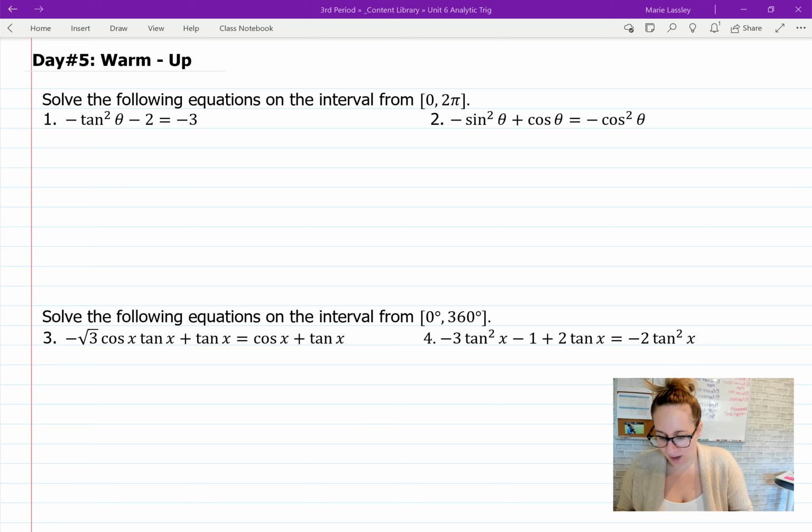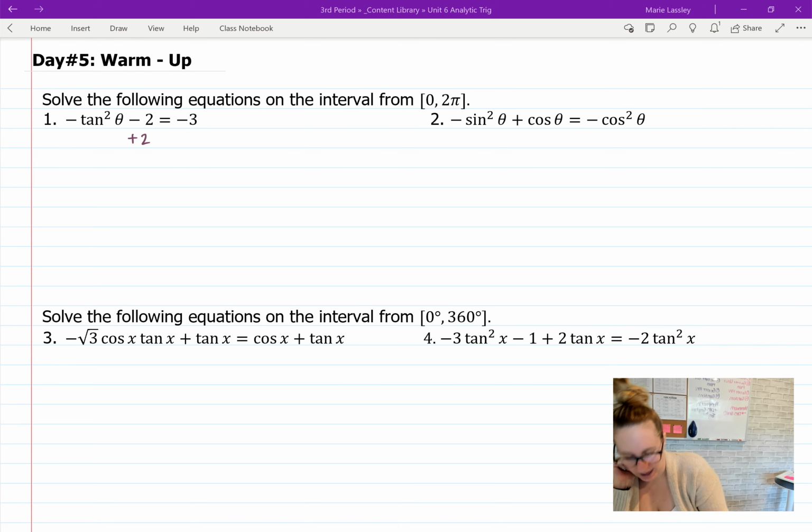Okay, so here we go. Just like normal solving, you're going to start by getting your variable by itself. For number 1, I only have a tangent and everything else is numbers. So I'm going to move everything that's a number to the other side of the equation. That means I'm going to add 2. That's going to cancel.